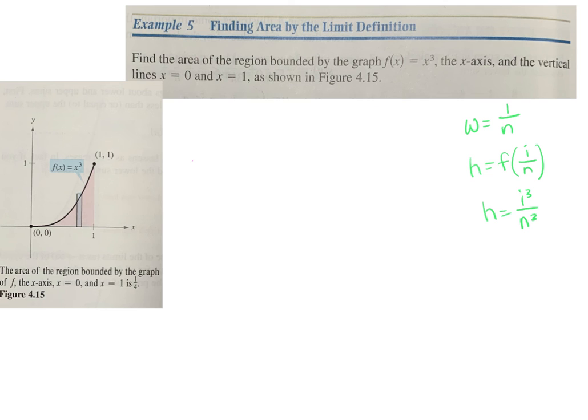So my limit theory says take the limit as n approaches infinity. Summation of this height, i cubed over n cubed, times this width, 1 over n. Okay? I end up with i cubed over n to the 4th, but I can pull that 1 over n to the 4th completely out, right?